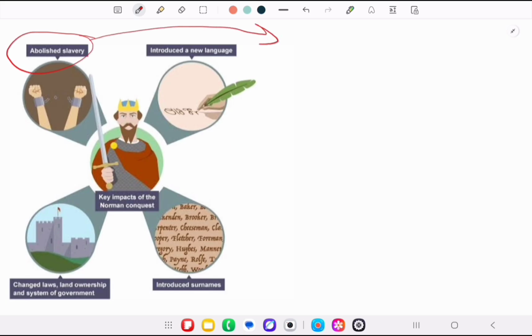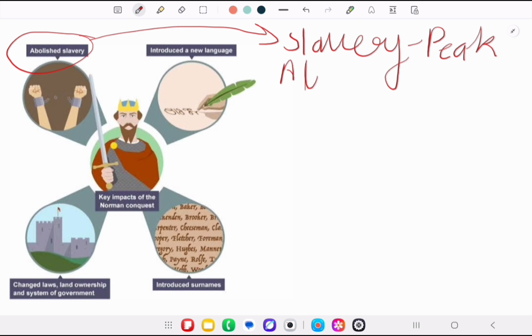In the Old English period, slavery was at its peak. And the main goal of the Norman conquest was abolishing slavery.